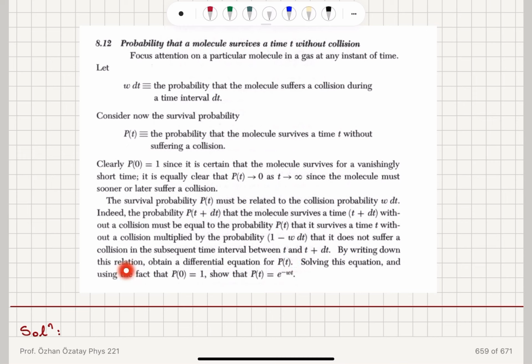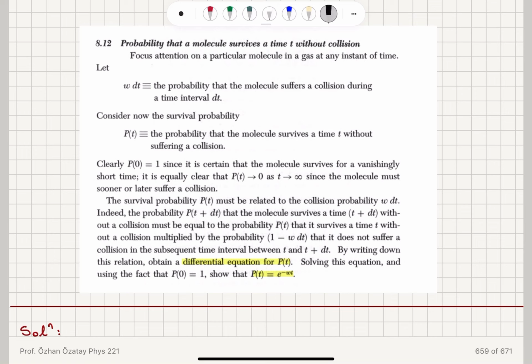By writing down this relation, obtain a differential equation for P of t. Solving this equation and using the fact that P of 0 is 1, show that P of t is e to the minus ω t.